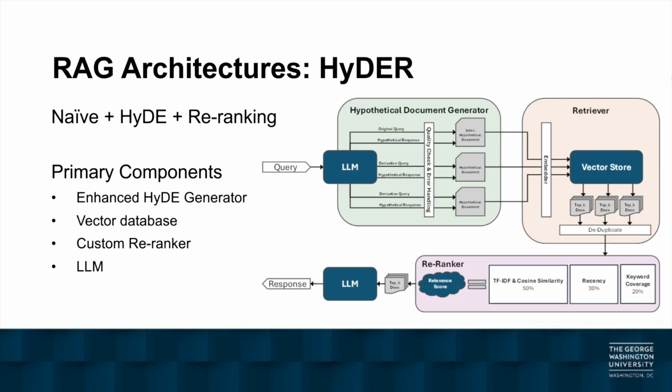And then we enhanced further. We enhanced our Hyde system. So let's talk about Hyder. Hyder is where we enhance our Hyde generator to generate 2 additional hypothetical documents for a total of 3.